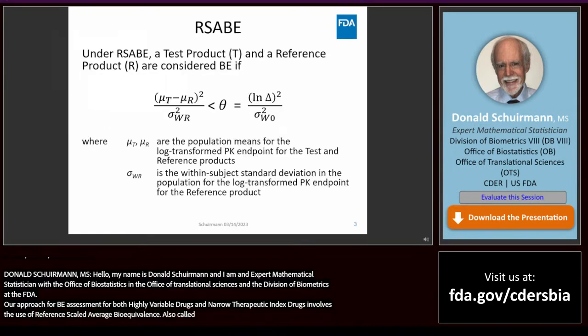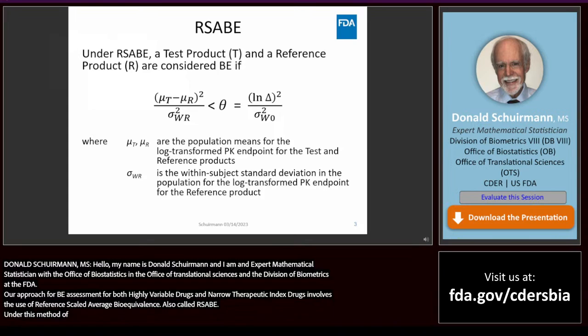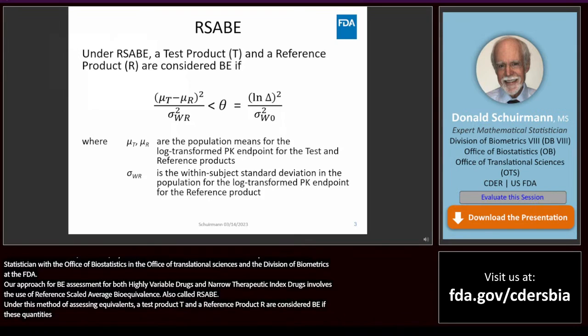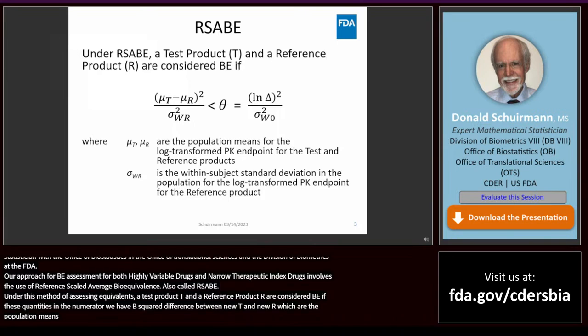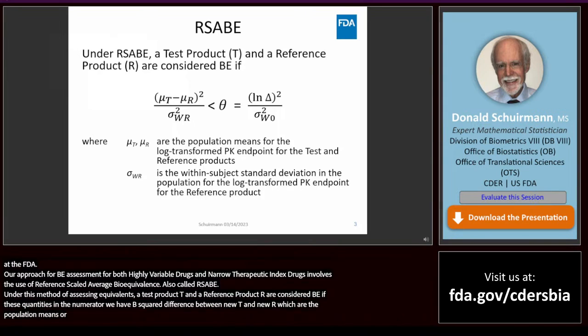Under this method of assessing equivalence, a test product T and a reference product R are considered bioequivalent if these quantities, in the numerator, we have the squared difference between mu T and mu R, which are the population means for the log-transformed pharmacokinetic endpoint for the test product and reference product respectively.